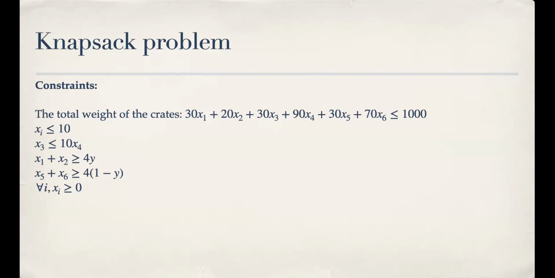That means if x4 is 1, we can send even 10 x3. So you need 10 here, to conserve the meaning of the constraint. If you don't have 10 here, that means we cannot send x3 more than x4, which is not true.